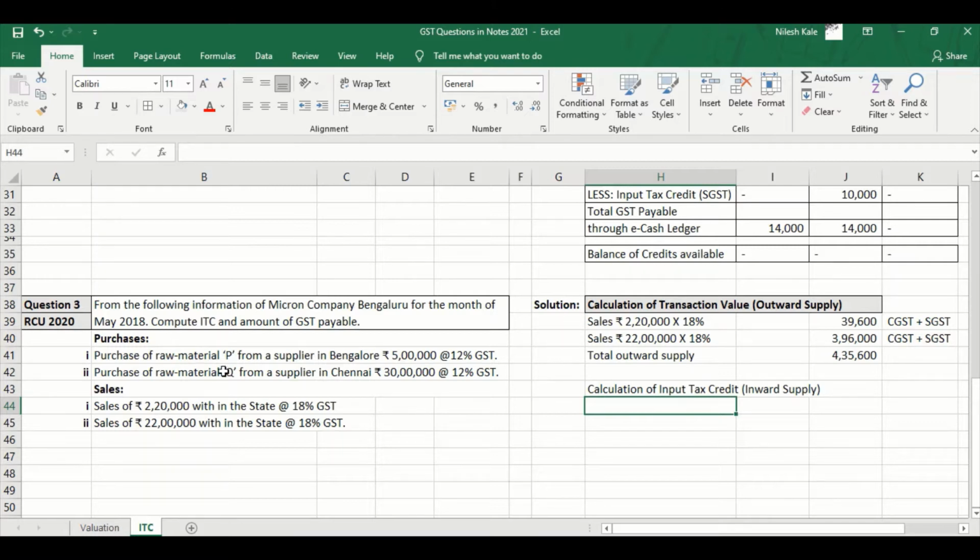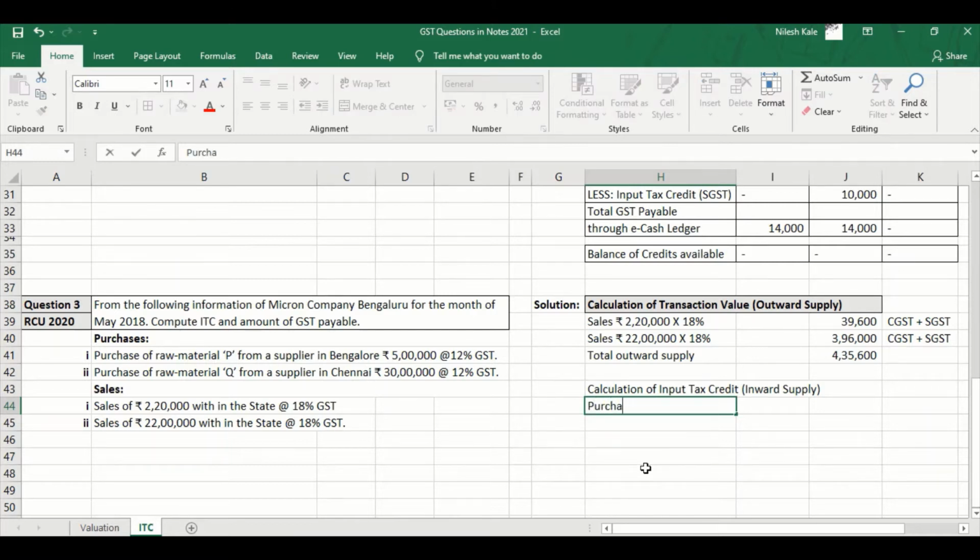Purchase of raw material P from a supplier in Bangalore, 5 lakh at 12% has been given in Bangalore, right? Micron company is also in Bangalore. It means both are in the same state, right? CGST plus SGST is applicable, and this is for Chennai. Here IGST is applicable.